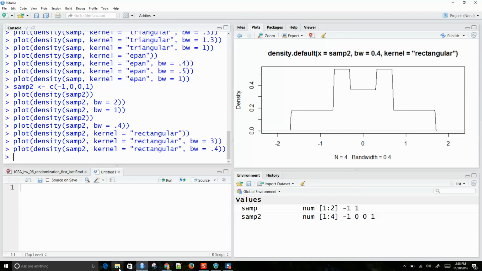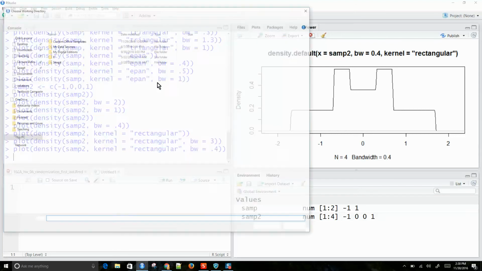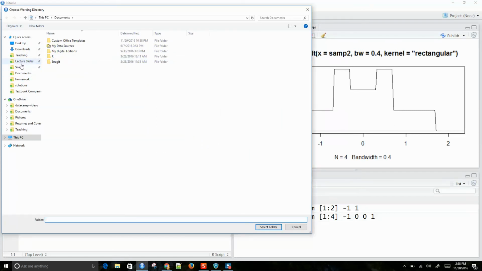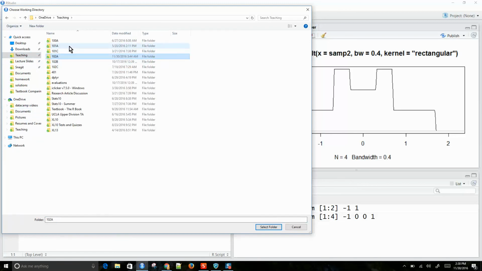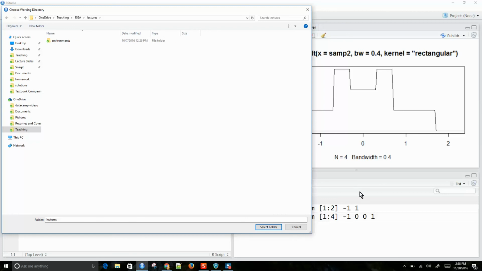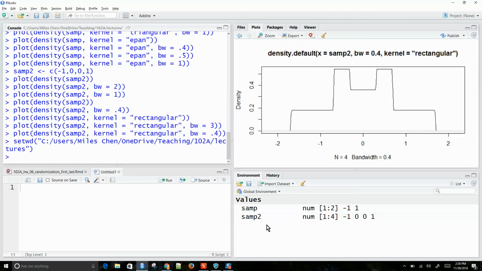We would use this in a case where we have some data. Let me set my working directory, and I'll load up the Latino Education Achievement data set that we've been looking at.